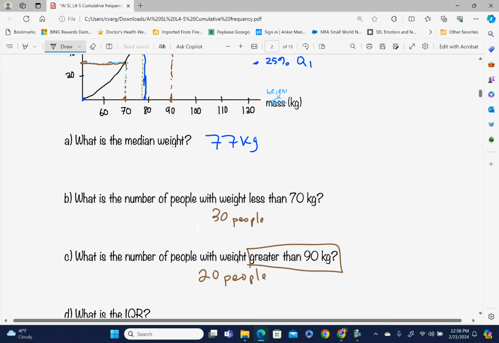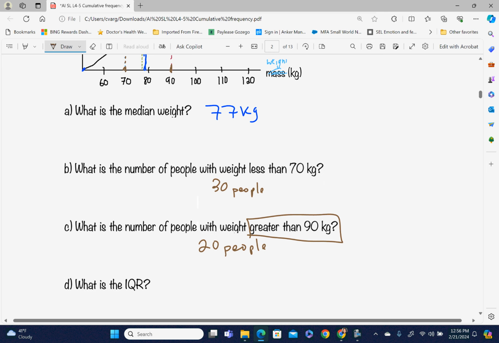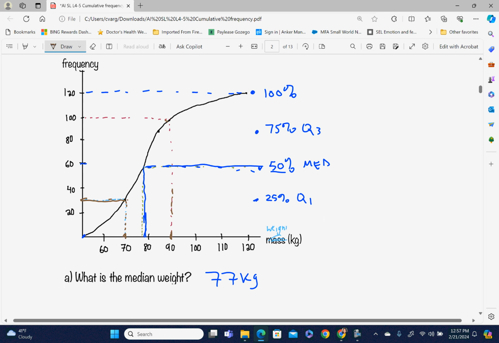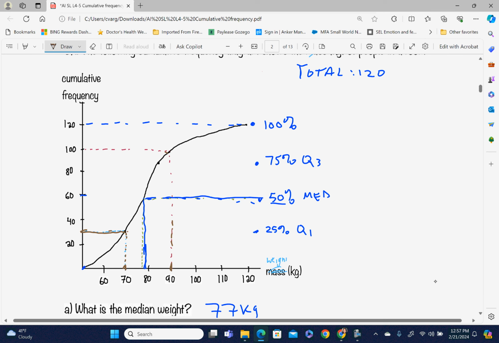All right, and our IQR. Remember what our IQR is, right? It's our Q3 minus our Q1. So let's look at what our Q3 is. Q3 is going to be somewhere right here. If I were to go down, this looks like about 85.